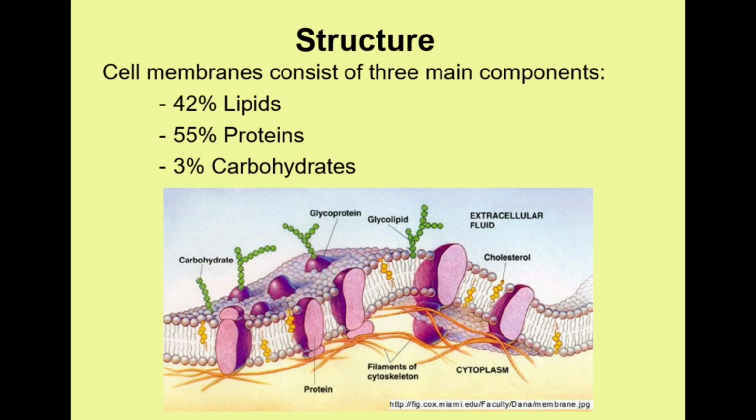So we can see that there's about 42% lipids, and as we'll see as we go through, it's phospholipids, but there are also other types. And then there's also proteins at about 55%, and then there's a small amount of carbohydrates, so about 3% of those. But let's just highlight a couple of the main features that we'll examine over the coming slides.